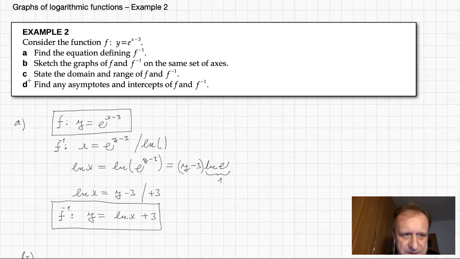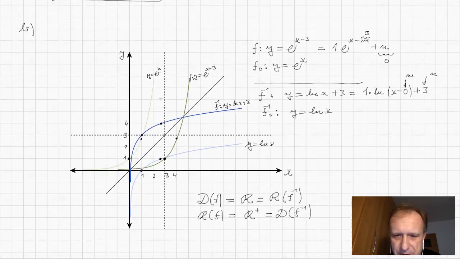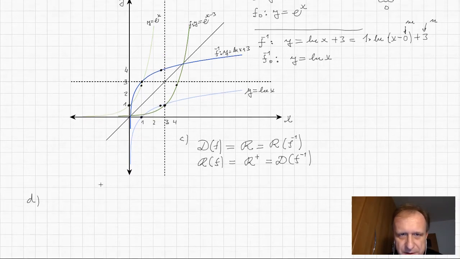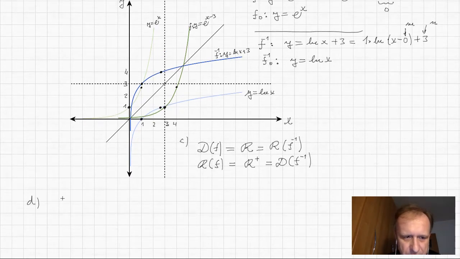Now in part D, we are asked to find any asymptotes and intercepts of f and f inverse. So this was part C, and now in part D, we are going to concentrate on the asymptotes. Let us look at the function f. The green function, does it have any asymptote?